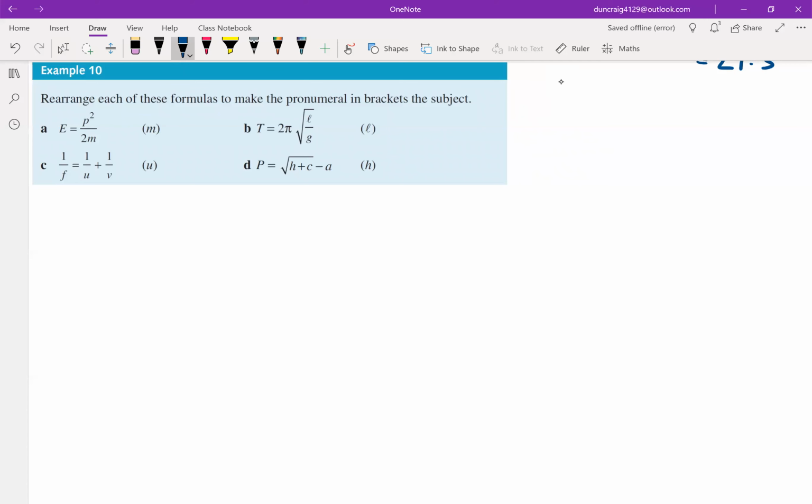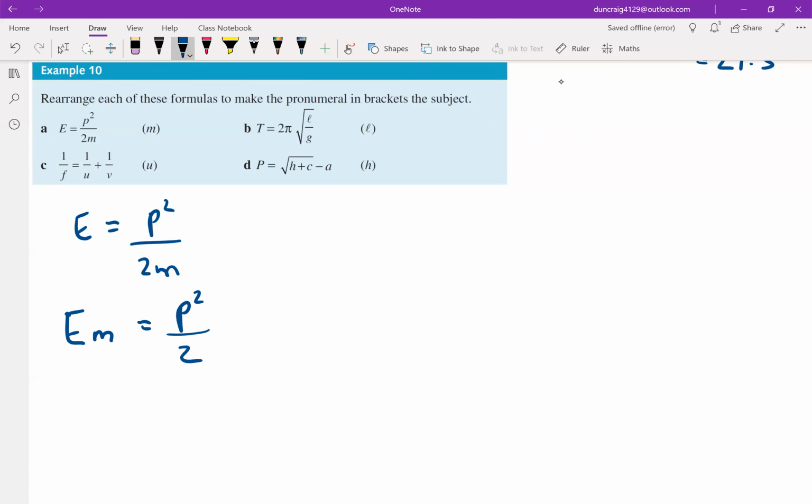Alrighty, so let's do this first one here. I'm going to write out the formula. E is equal to P squared all over 2M. Okay, and we want to make M the subject. So the M there is a denominator, and it can't really be a subject if it's on the denominator. So first up I'm going to multiply both sides by M. If I multiply both sides by M, I'm going to get E multiplied by M, EM, is equal to P squared all over 2.